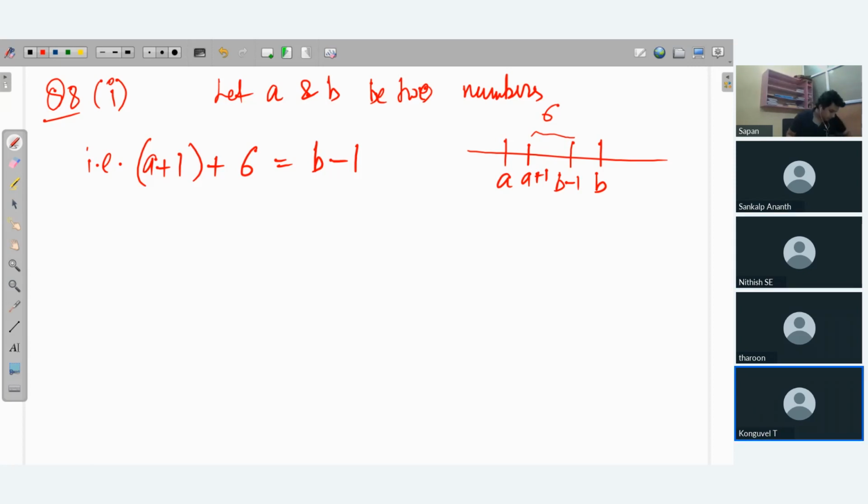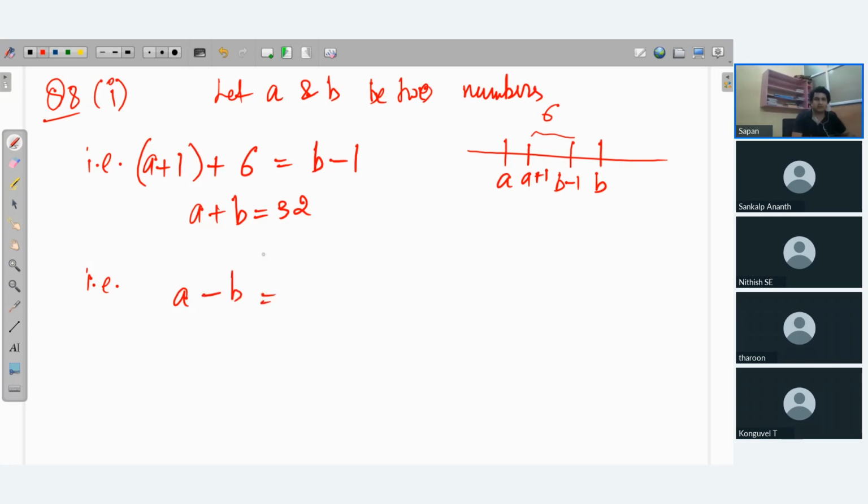So we basically have two equations now. And the sum of the numbers is 32, A plus B is 32. So basically you have these two equations. A minus B is equal to, we have to find out, minus 8.